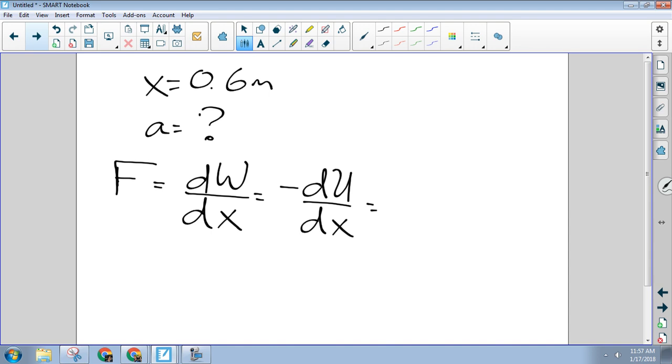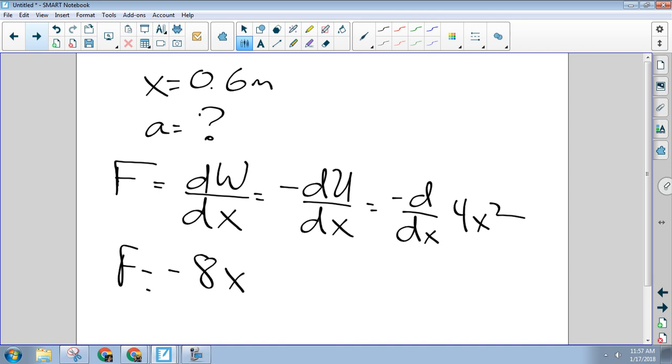So that's the negative derivative of 4x squared. You bring the 2 down, so you get 8x, negative 8x. Everybody good? So the math here is not too difficult, but it's about applying concepts.